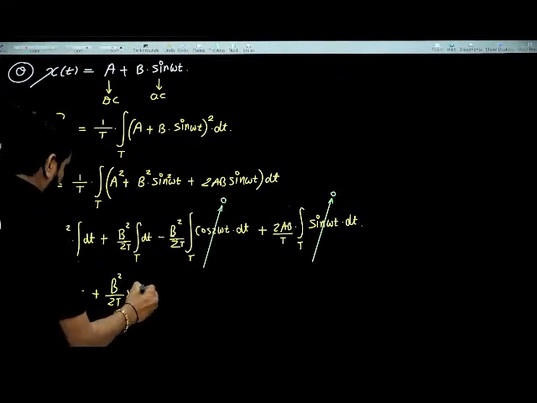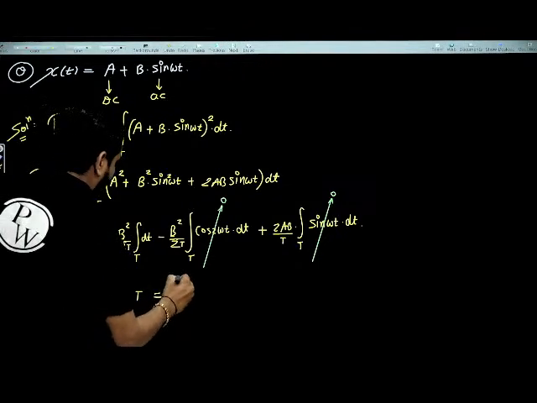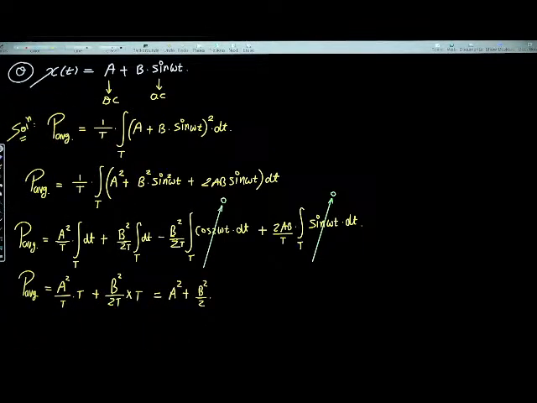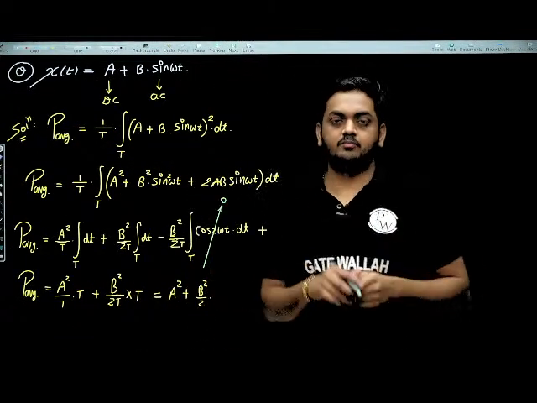So the average power will be A square plus B square by 2. That means the total power will be the sum of the individual signal powers.